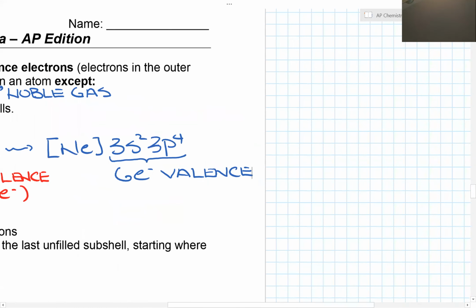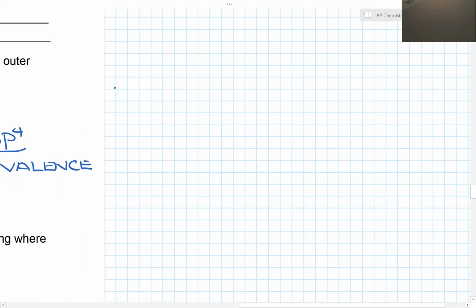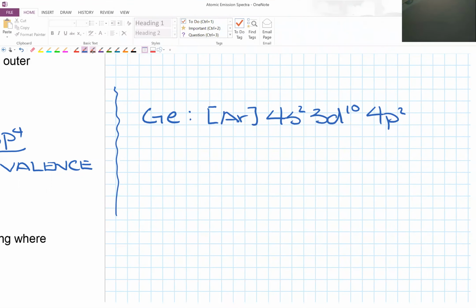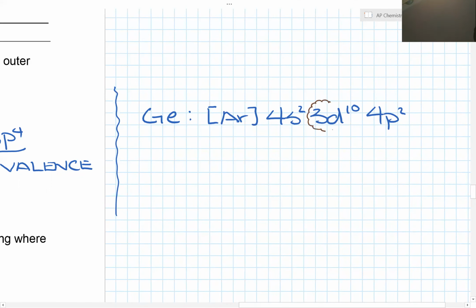Now, what about germanium? Remember, it was argon, 4s2, 3d10, 4p2. Now, because the d is completely filled, we don't include it.